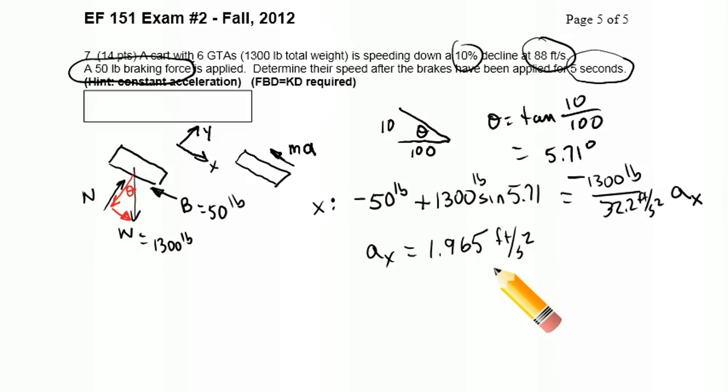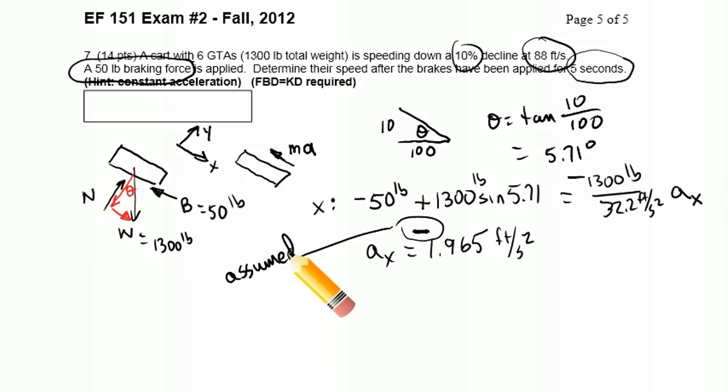Okay, so the signs are a little bit difficult, but you just really need to be careful with them. It's a minor mistake, but doing it this way is going to give me a negative number when I solve through that. And this tells me that I assumed the direction incorrectly. It doesn't mean it's in the negative direction.